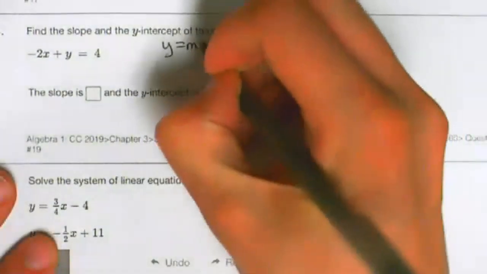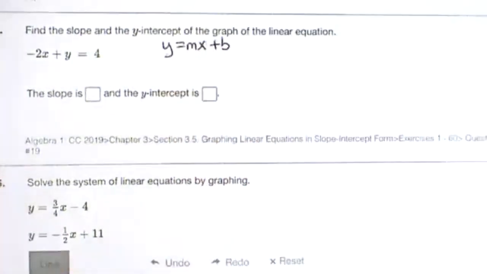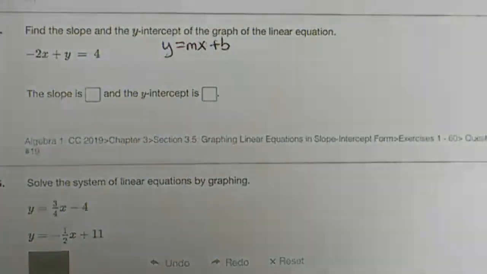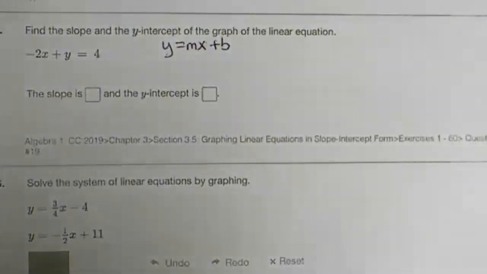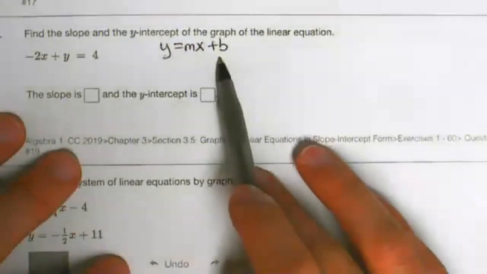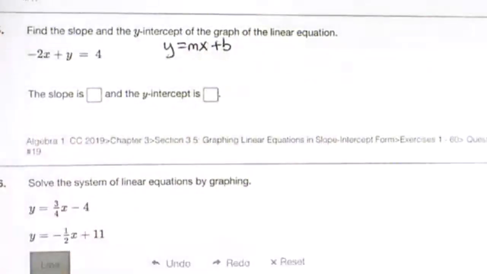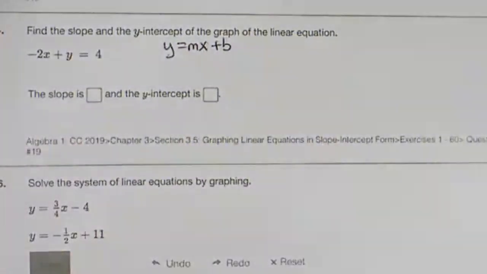That form is y is equal to mx plus b, aka slope-intercept form, the intercept being our y-intercept. This is quite handy because it allows us to figure out what our slope is, that's our m, and our y-intercept just by looking at an equation that is written as y equals something.